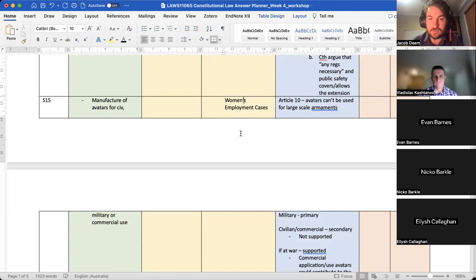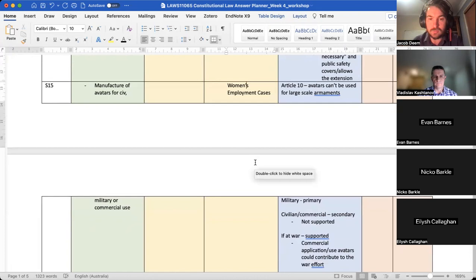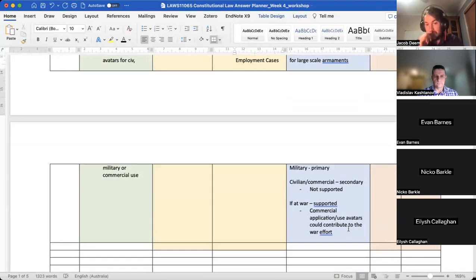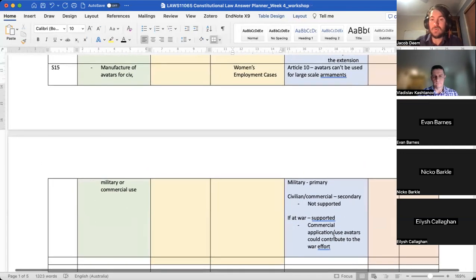But they might also be able to do manufacturing jobs that free up humans who are doing those jobs to join the army and contribute more directly to the war effort themselves. So there's sort of a double argument that in wartime, the commercial or civilian use of these avatars could be really important to the war effort, and so would be sustained under the defense power.